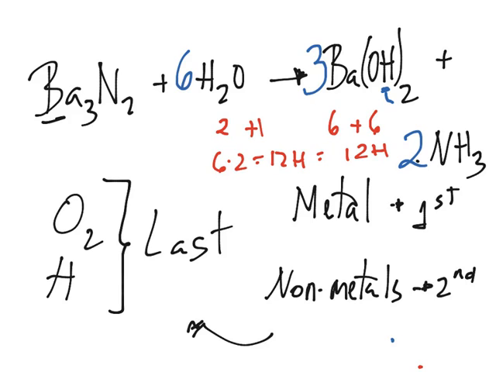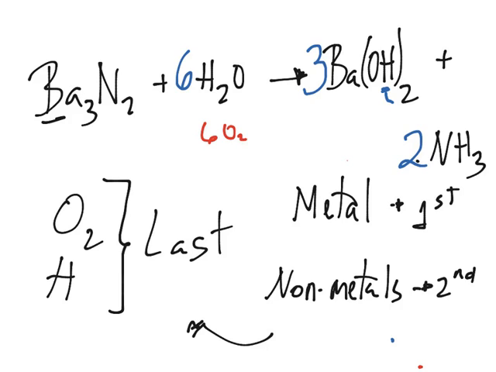And now we can check the oxygens. Let me erase the hydrogen here. So we have 6 oxygens here, and we have 6 here too. There are no oxygens here, so that won't count. So these are equal. Well, that's it. The equation is balanced.